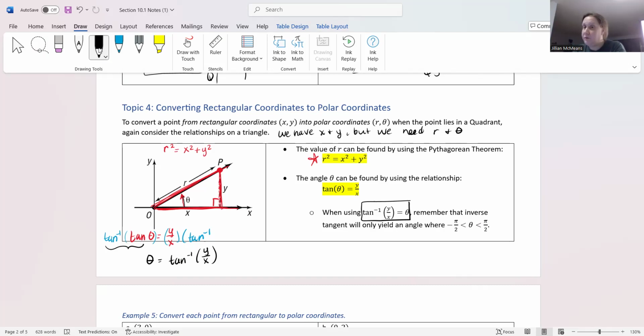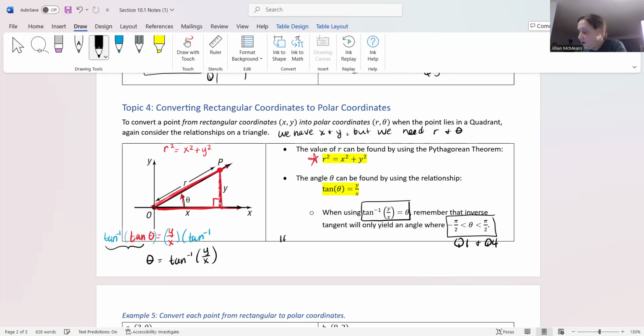Now, we do have to be very careful because we have to remember that the range for inverse tangent is from negative pi over 2 to positive pi over 2. So this only spits out angles in quadrant 1 and quadrant 4. Well, what if our rectangular point lives in quadrant 3 or lives in quadrant 2? Well, it's really not that big a deal because we're going to be getting some angle in quadrant 1 or quadrant 4.